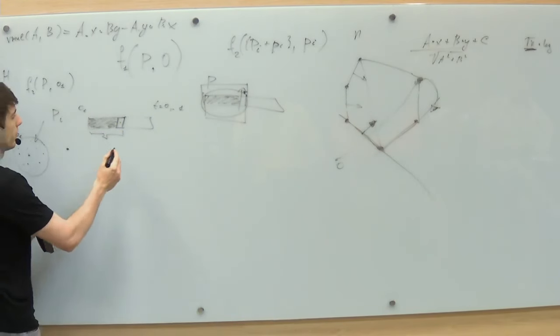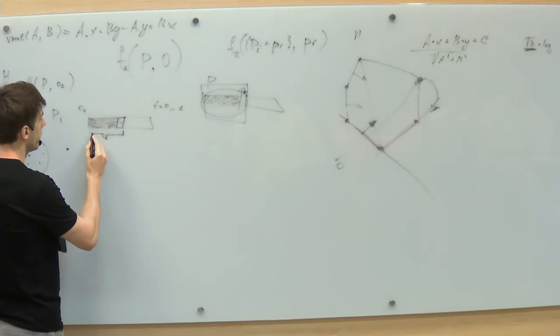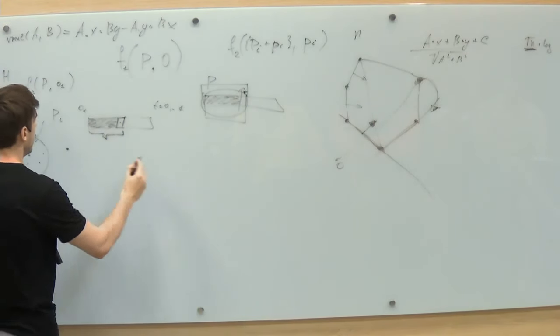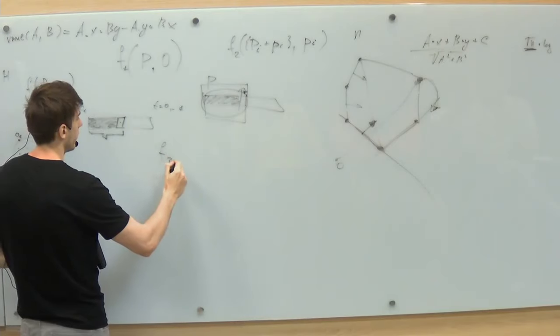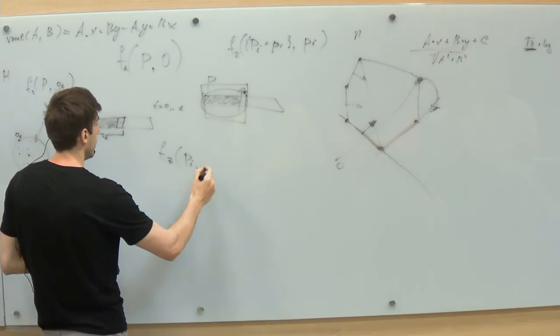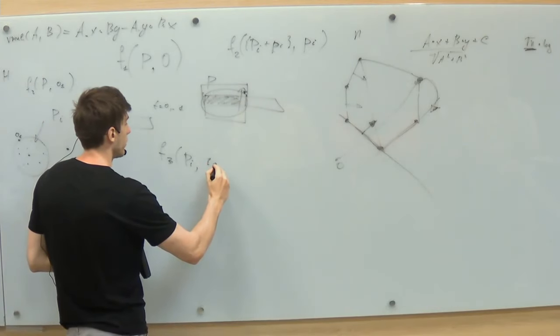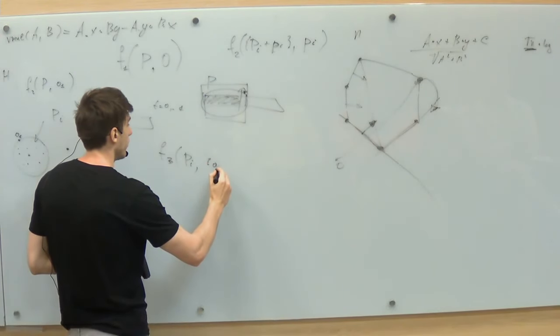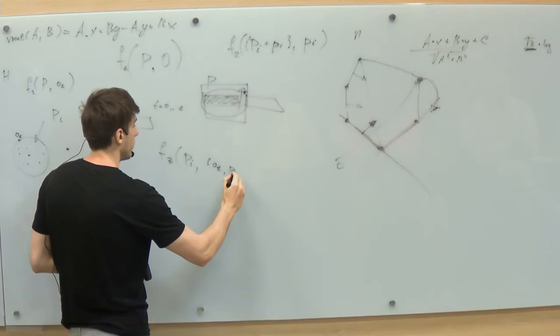Then to reconstruct the answer for this prefix, we will call our algorithm, like F3, for this prefix and for both this point O1 and the current one.